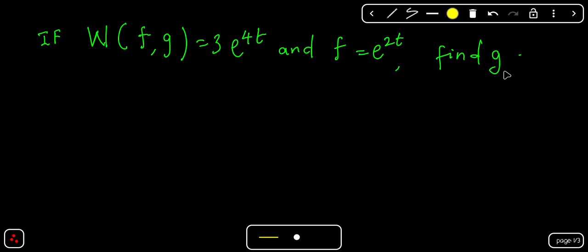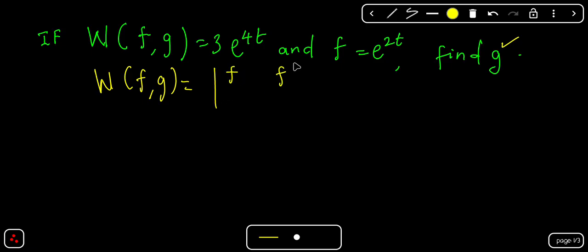So how are we going to find g? To solve for g, let's make use of the definition of the Wronskian function. Given the Wronskian of f comma g, this will be equal to the determinant of this 2 by 2 matrix with entries f, g, f prime, g prime.